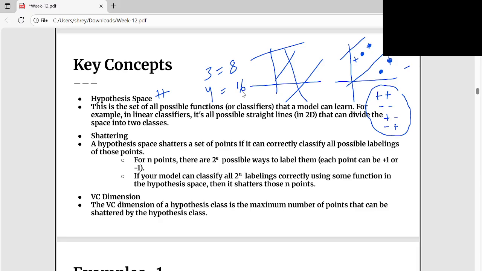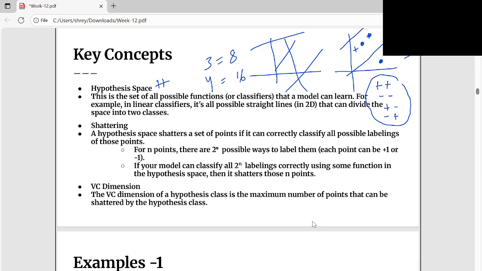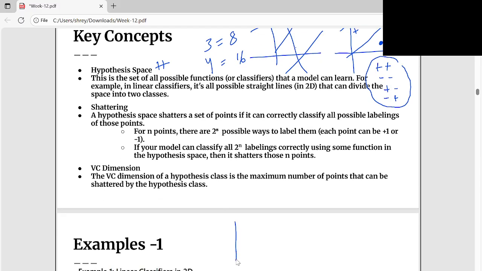That's why we want to know how many points this hypothesis class can shatter. I am not talking about a single hypothesis, I am talking about a set of hypotheses. Let's say these are 2 points, so maybe this can be h1, which can shatter 0 1 or 1 0.